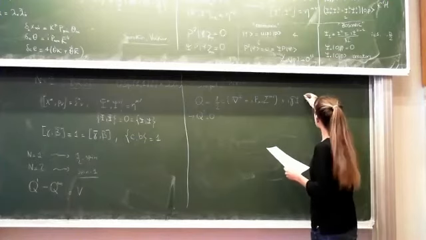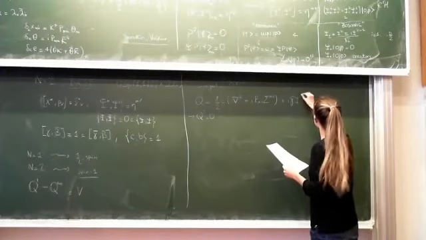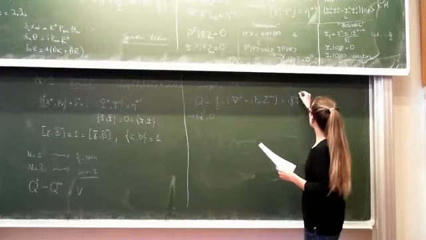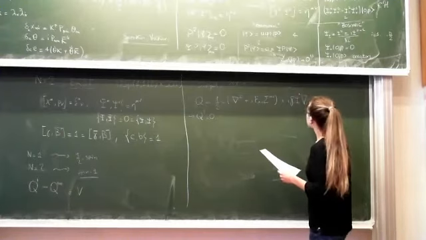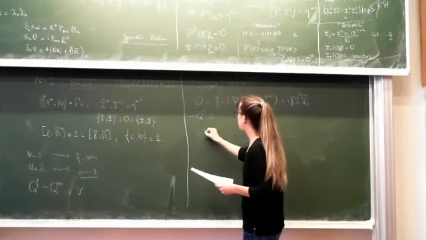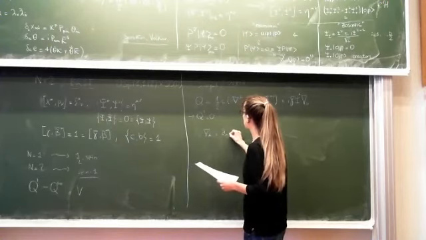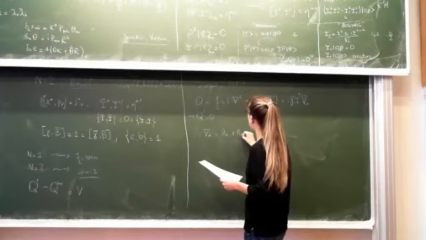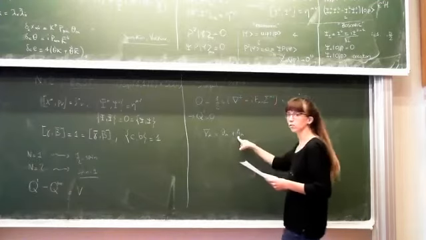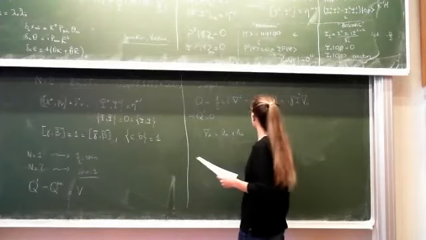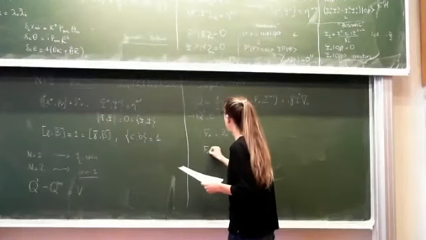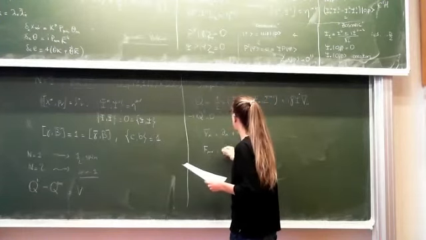I'm not doing anything super fancy, apart from using the covariant derivative, where A mu is a vector field, the theory is non-abelian, and F mu nu is the field strength.